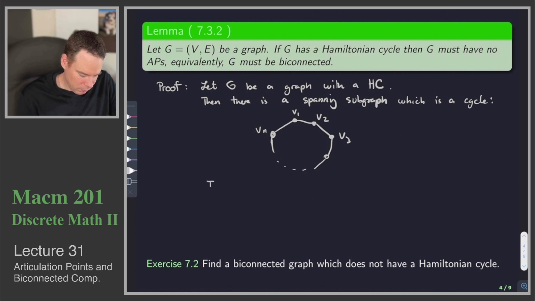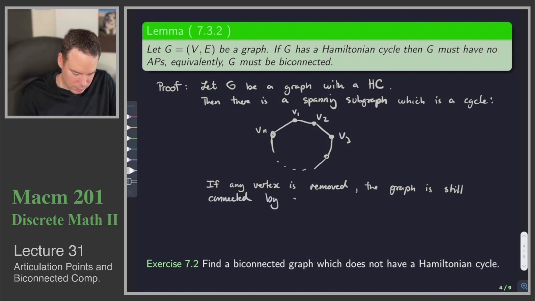So if any vertex is removed, the graph is still connected. Now it's connected robustly in the sense that it's connected by a Hamiltonian path.